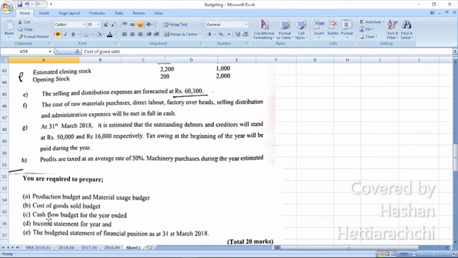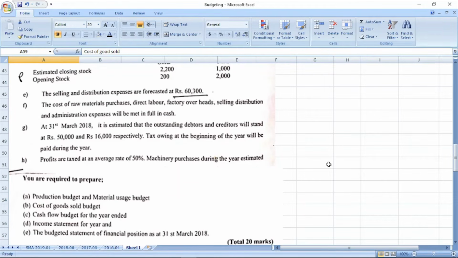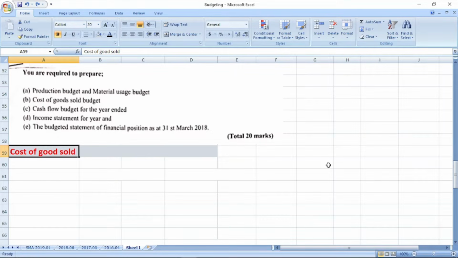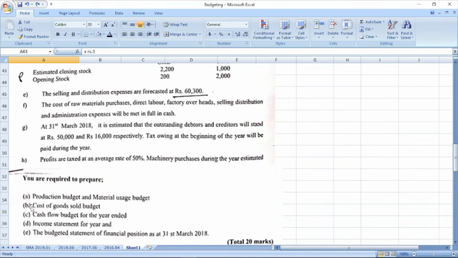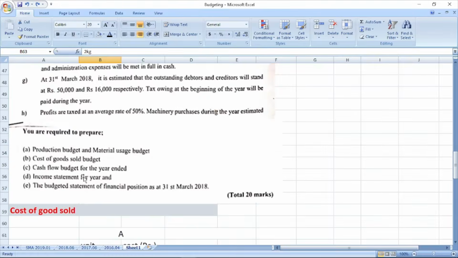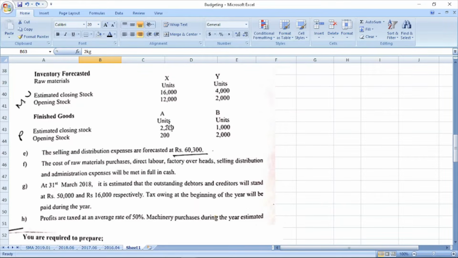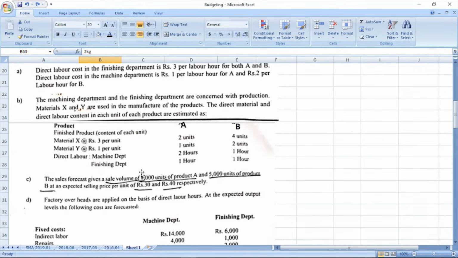Next they ask for the cost of goods sold budget. How do we prepare the cost of goods sold budget? Yes, cost of goods sold. First, what are the product A and B units? Product A, X is 3 rupees per unit. To produce one product, we need 2 kilograms of X. They mention it in this cell.